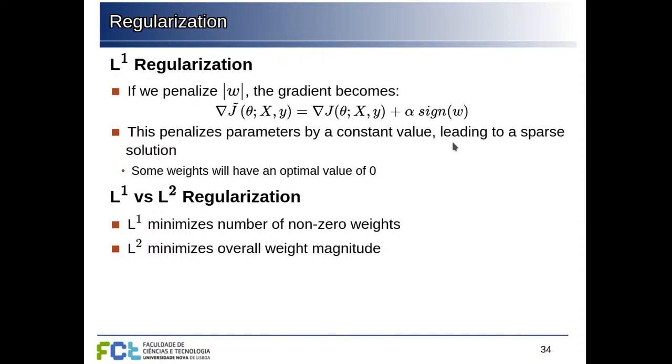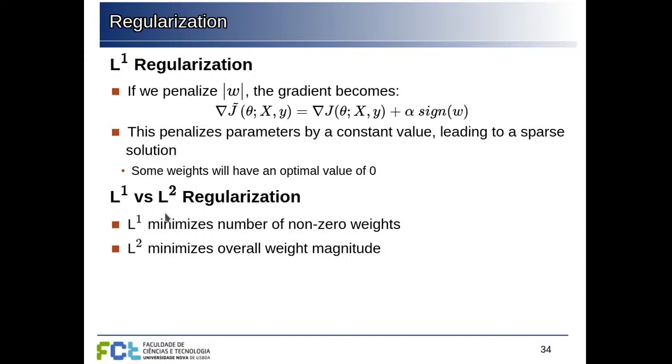Since it penalizes parameters by a constant value when we are doing the update, this is going to tend to lead to a sparse network where a subset of the weights will have an optimal value of 0.